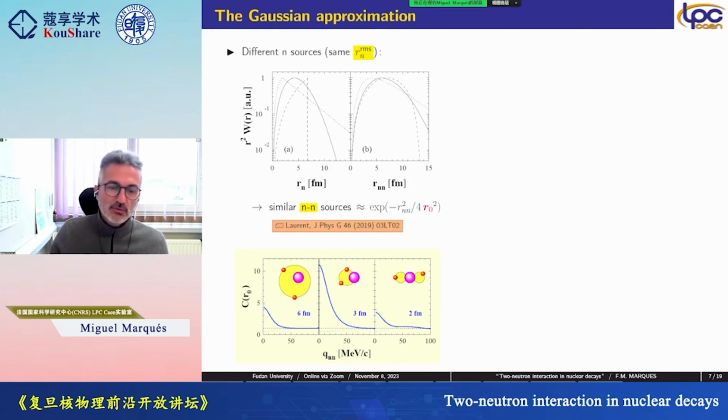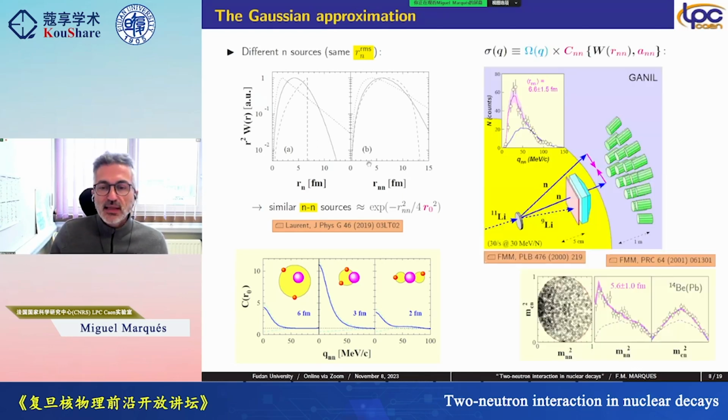extreme for these systems. And then this is another view of what we did at GANIL. So this is a sketch of the experiment with the DEMON detectors for the neutrons. And here you see the result for lithium-11. So this is lithium-11 into lithium-9 and 2 neutrons. This is the relative momentum between the neutrons.